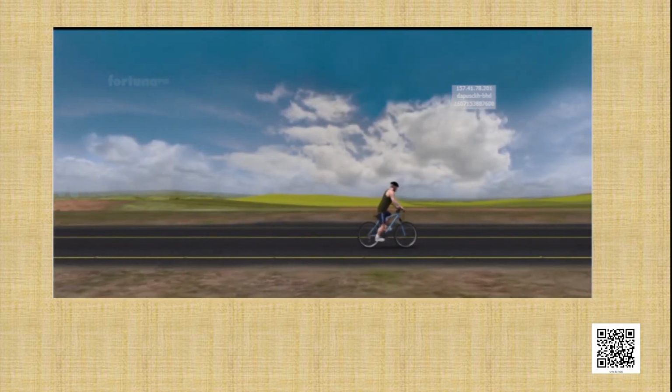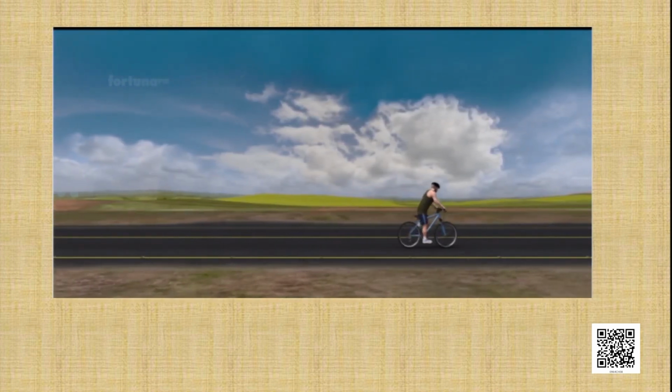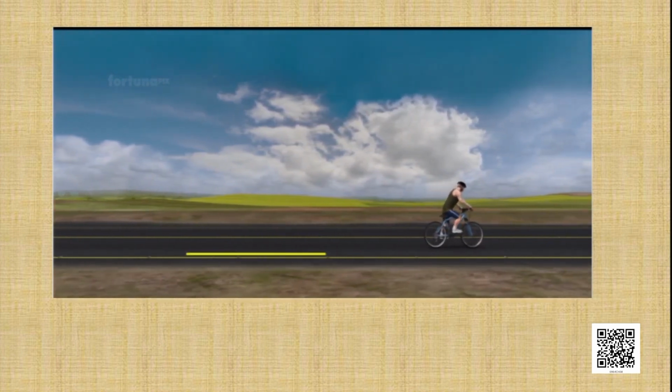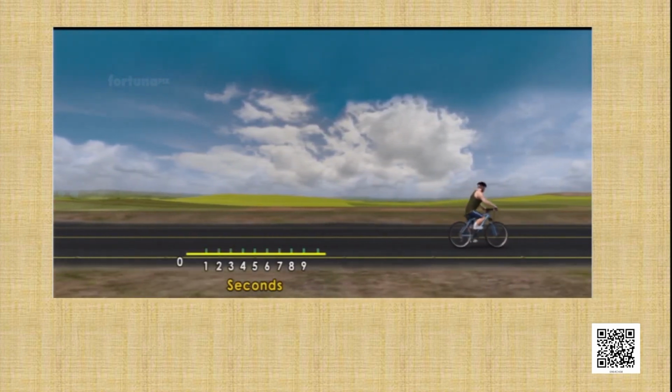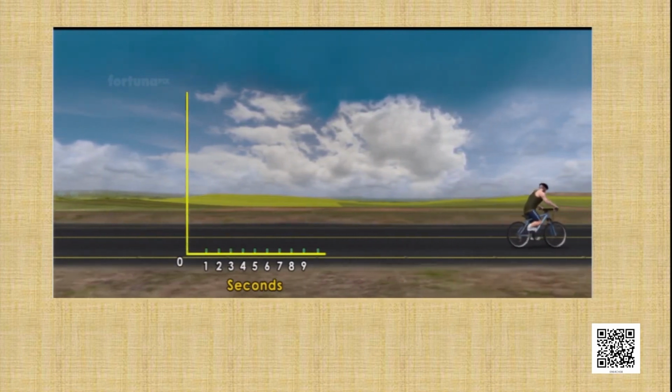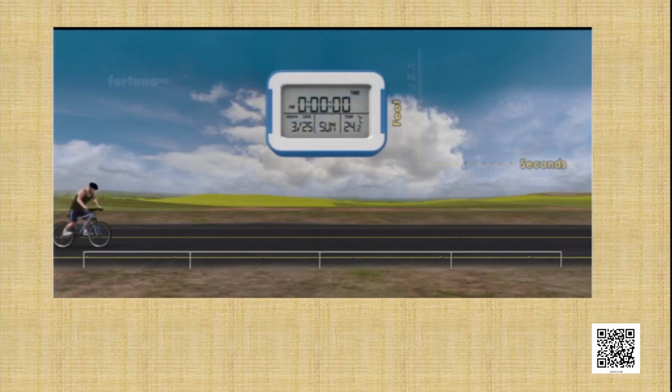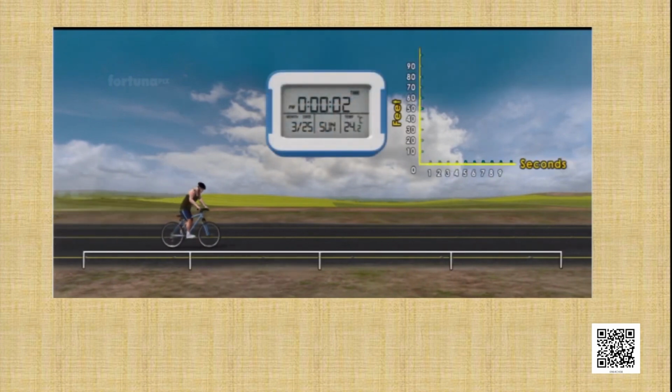Let's see how the cyclist's uniform motion can be represented on a graph. On the x-axis, we will mark time in 1 second intervals, and on the y-axis, we will mark the distance travelled in 10 feet intervals. For the first 2 seconds, the distance covered is 30 feet. Draw a line from 0 to the point on the graph where 30 feet and 2 seconds intersect.